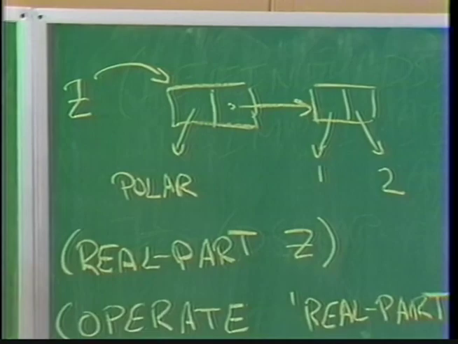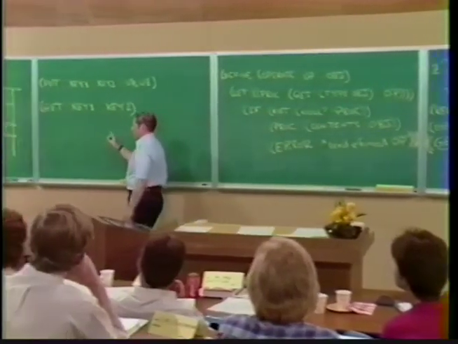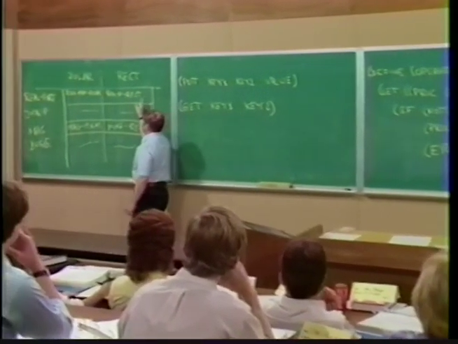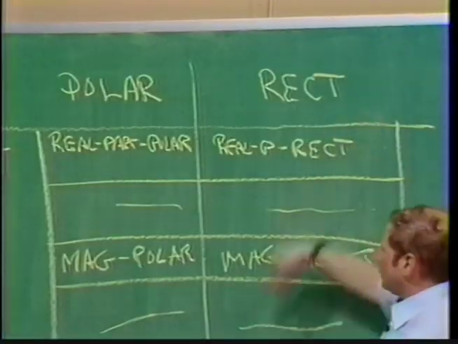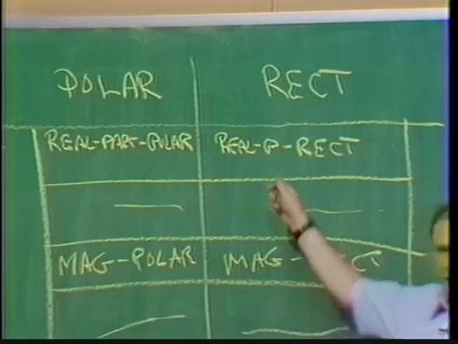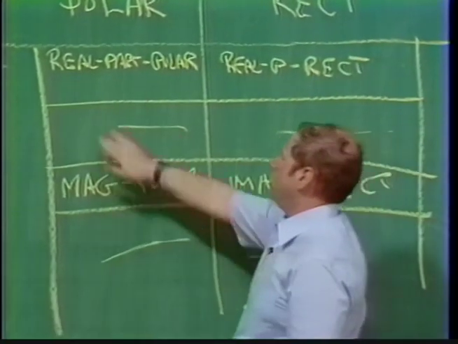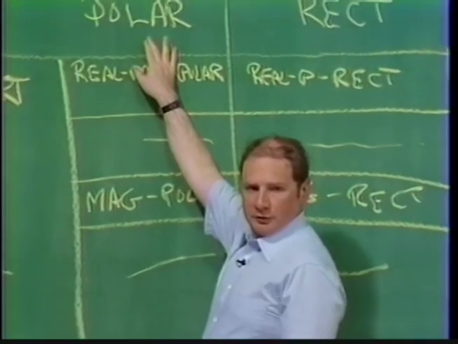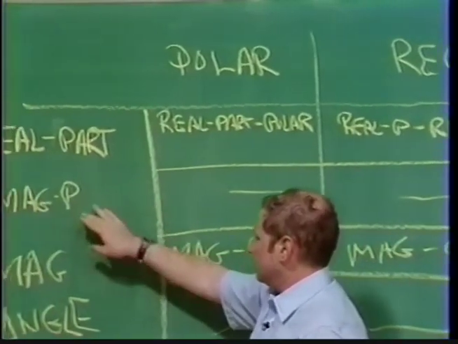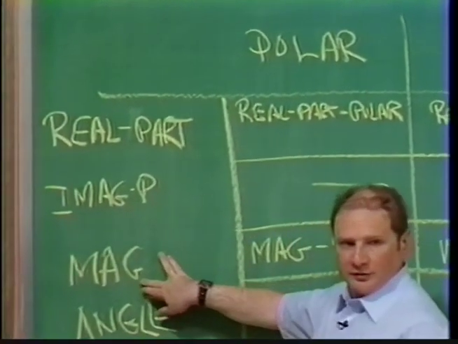Where are the operations themselves? The operations are sitting in the table. In this table, the rows and columns are labeled by symbols. So the key, when I store something in this table, might be the symbol polar and the symbol magnitude.